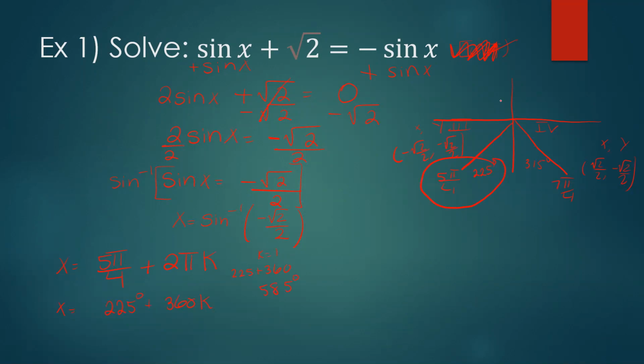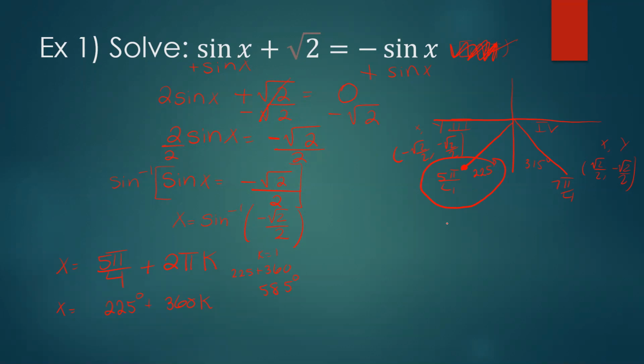This means that if you go 585 degrees around the unit circle, going around more than once, you would still be in the same place. That's why I put the k, because they want all the solutions. There are no boundaries.